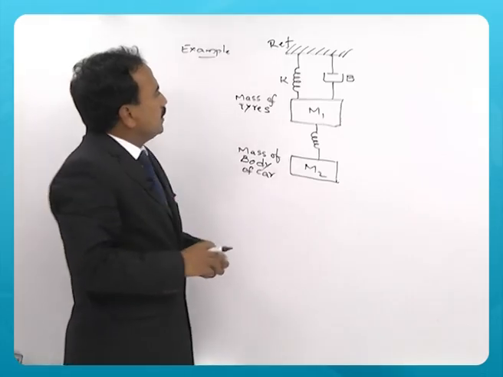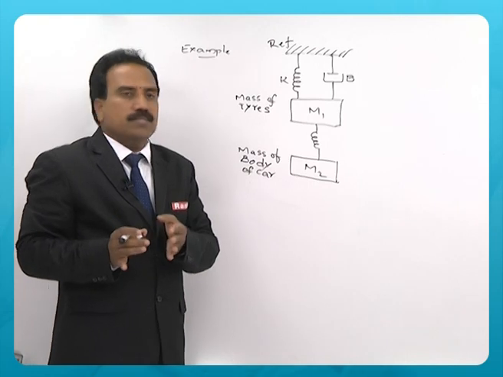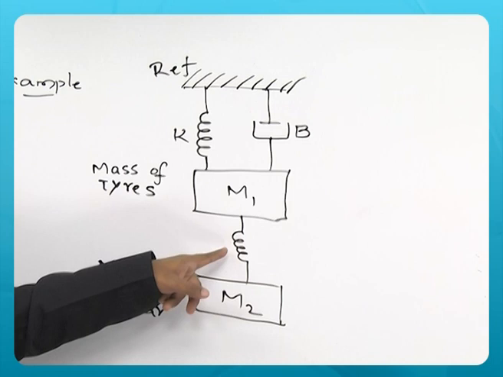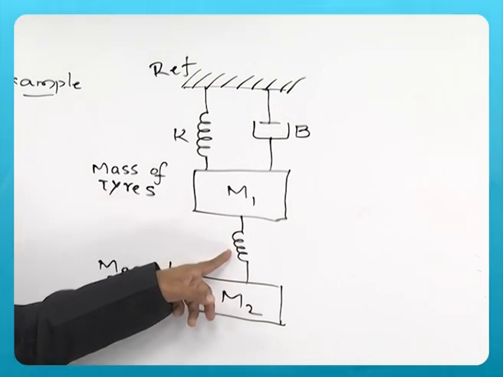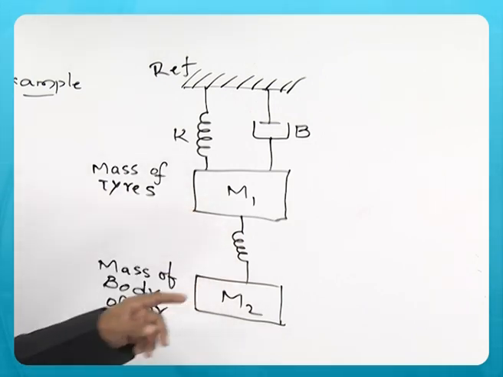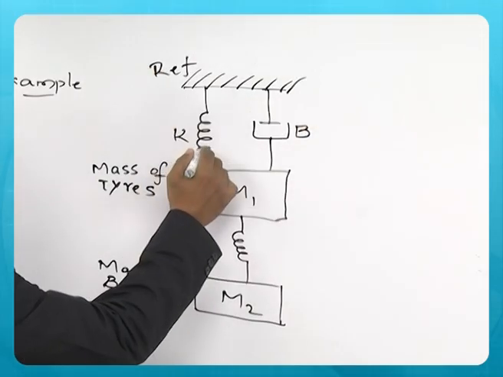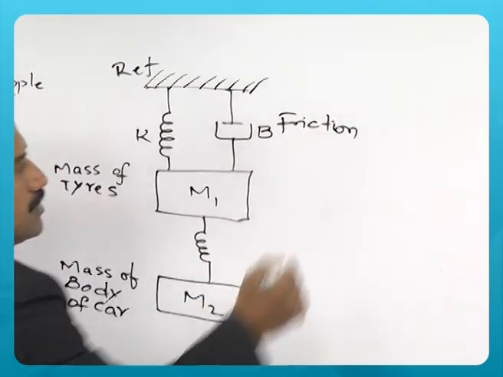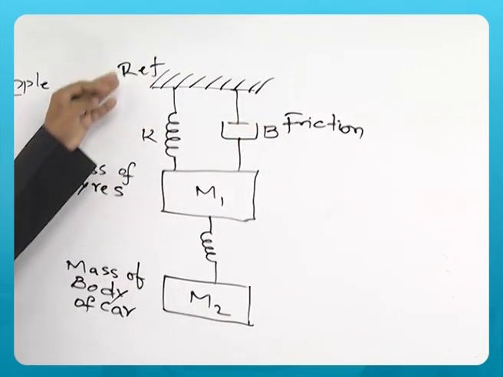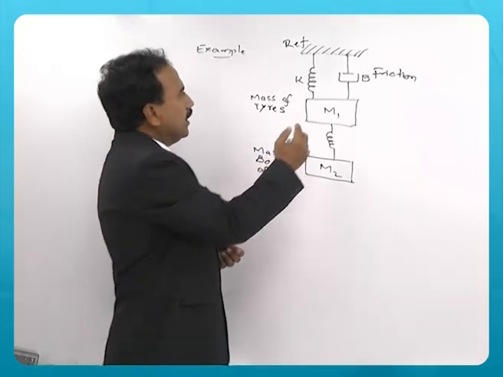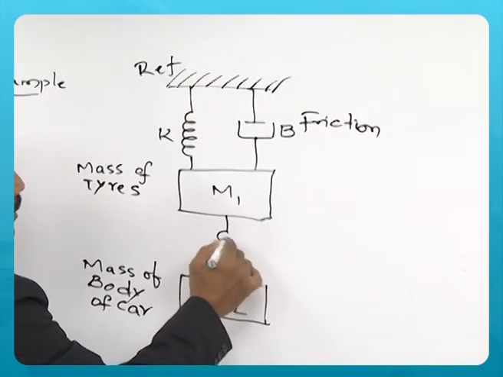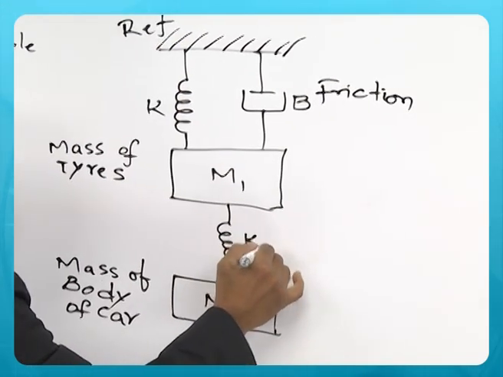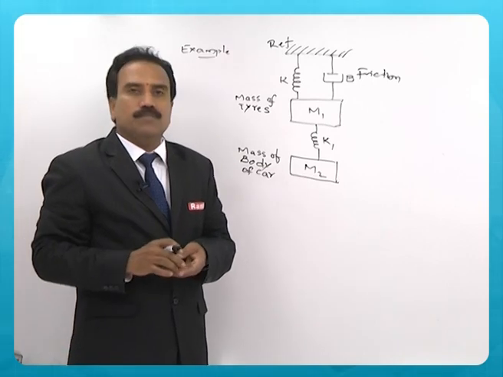When you are in a car or bus, it has a body, and there exists some elastic deformation between the tires and the body of the car, and this is the spring stiffness and this is friction. That friction exists between the tire and the ground, and this is the elastic deformation that exists between the tire and ground, and this is K1 that exists between two masses.